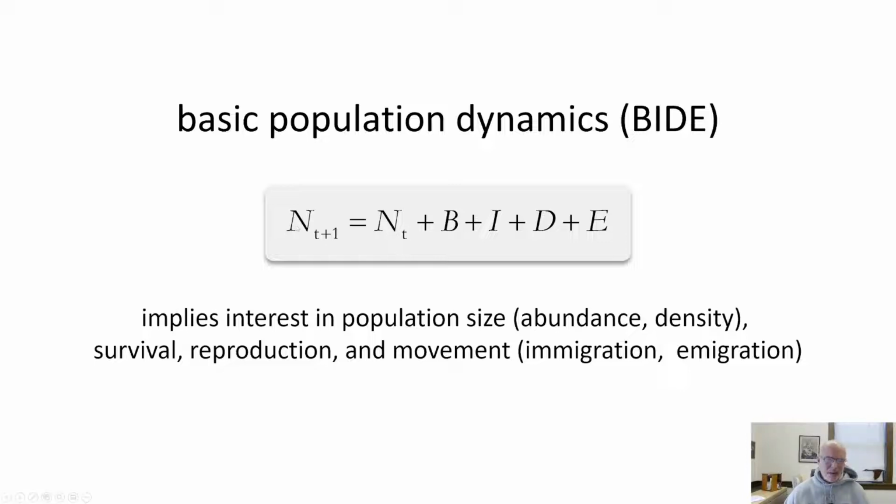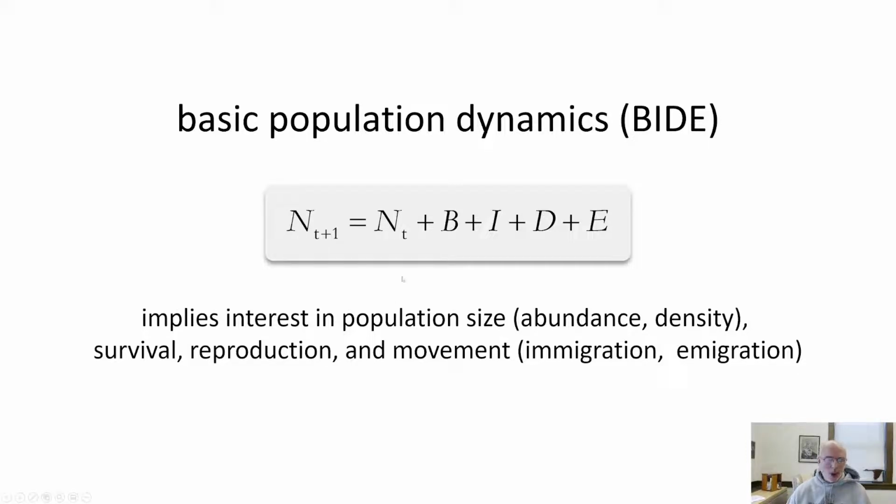And then that mapping between where we are now, N sub t, and where we might be next year is going to be influenced by the number of births and immigrants and deaths and emigrants. So we have the additions, the births and the immigrants, and the subtractions, the deaths and the emigrants. And BIDE, which is where the acronym comes from, reflects the basic processes which are going to influence the change potentially between where we are now and where we would be in a future time step.